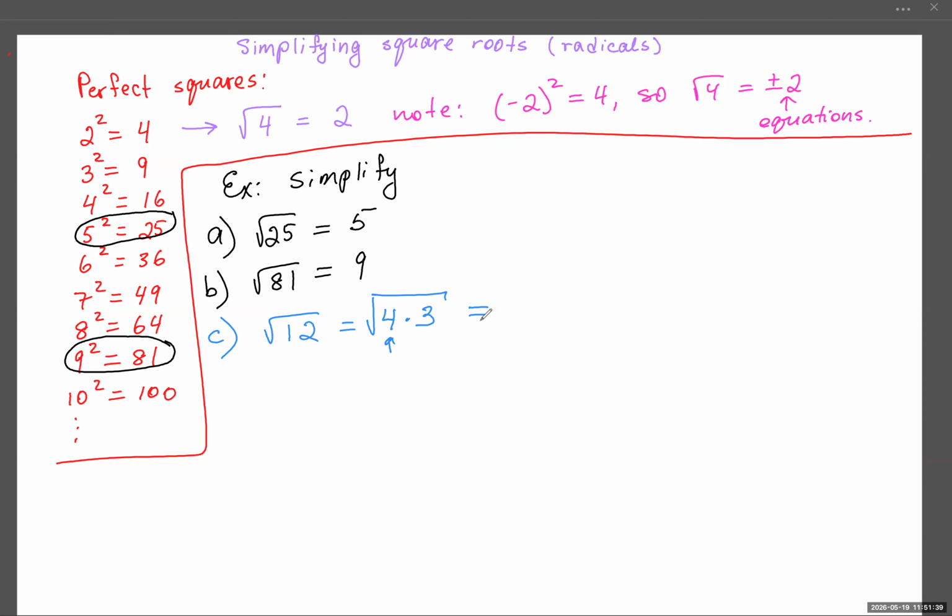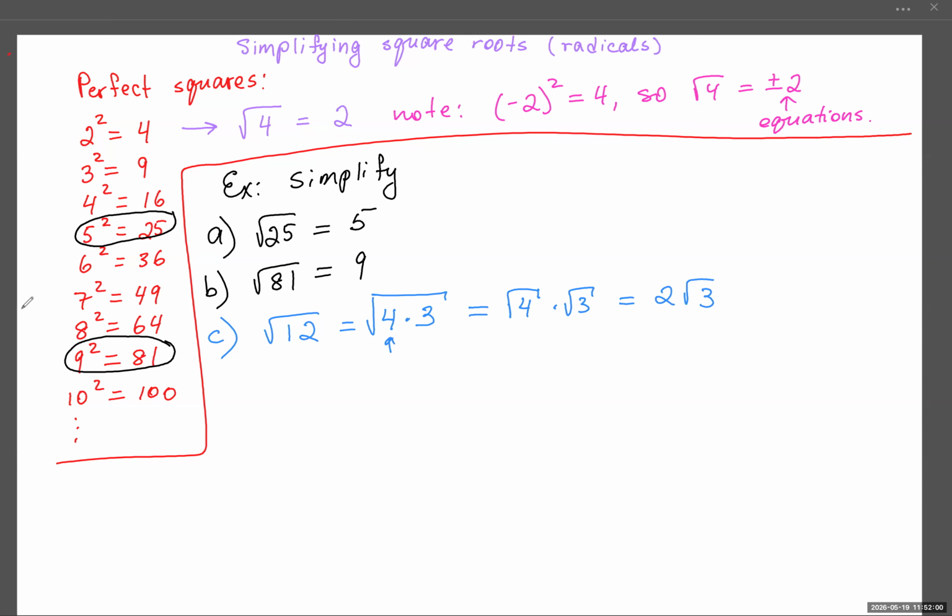So now that we have broken it down, we can represent this as two different square roots, square root of 4 and square root of 3. Square root of 4 is 2. 4 is a perfect square, so square root of 4 is 2. Square root of 3 just gets rewritten. So this is one approach.